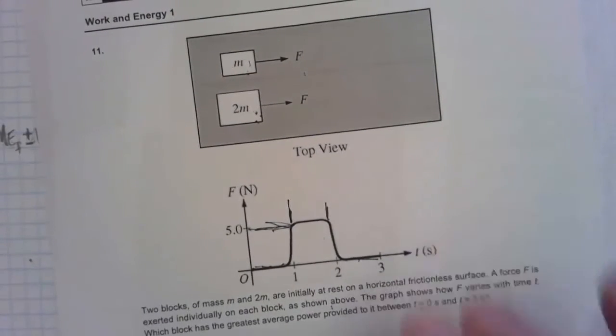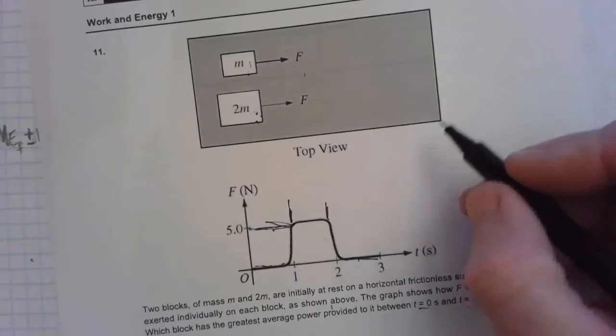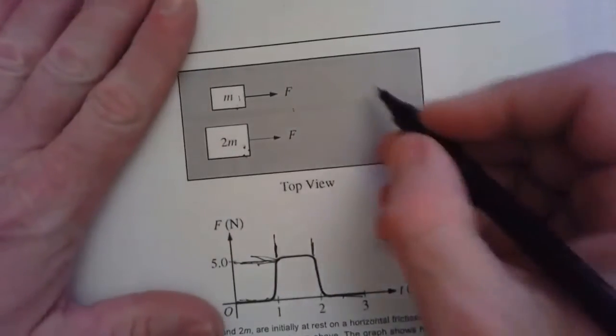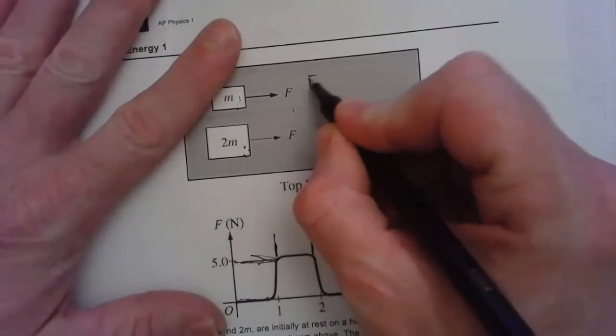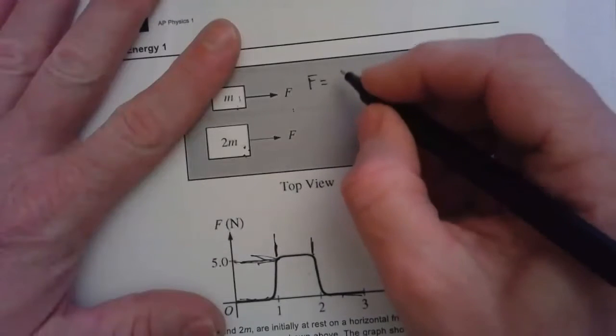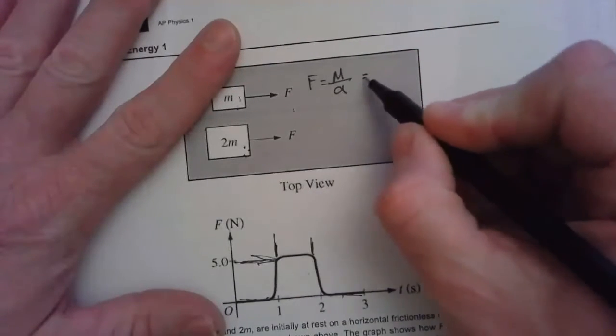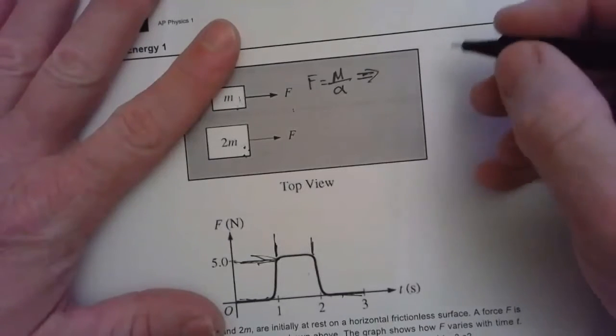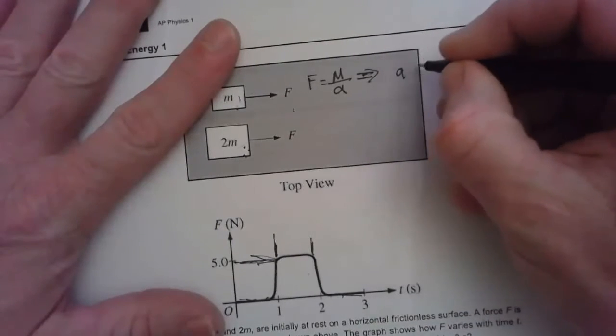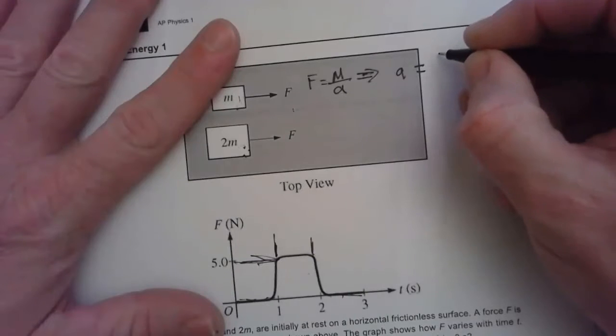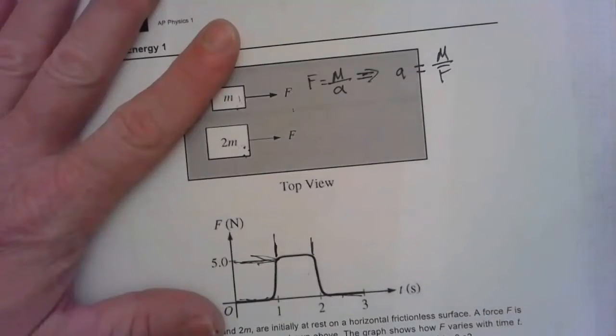So let's figure that out. The force on each is 5 newtons. So for each one, we're going to do force equals mass divided by acceleration, or if you like, let's just solve for acceleration. Acceleration is going to be equal to mass divided by force.